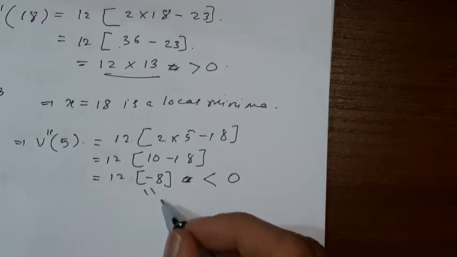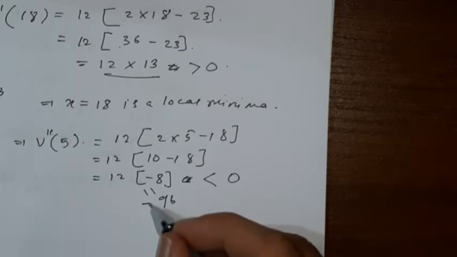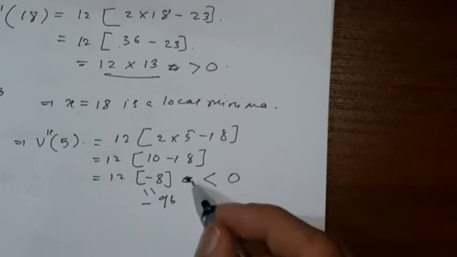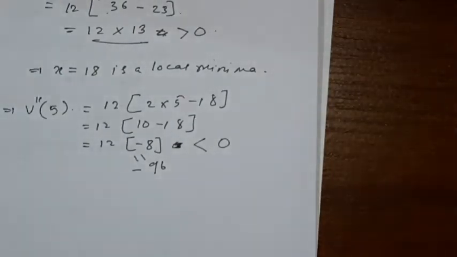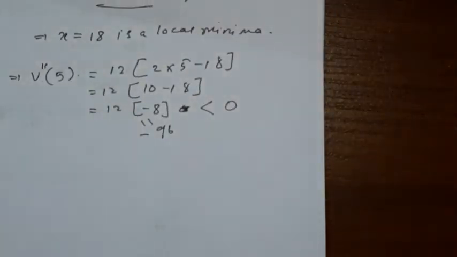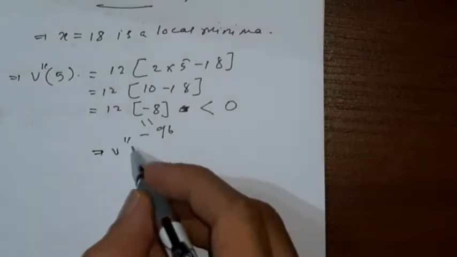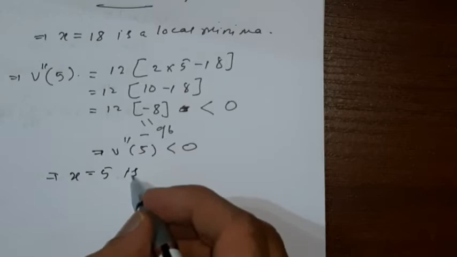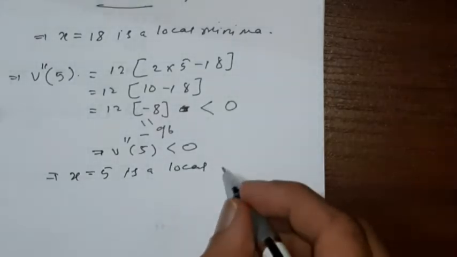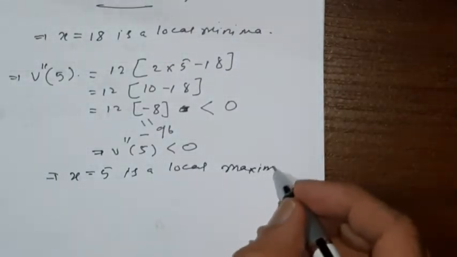See, the negative sign is there, so V double prime of 5 is negative, and therefore x equal to 5 is a local maxima.